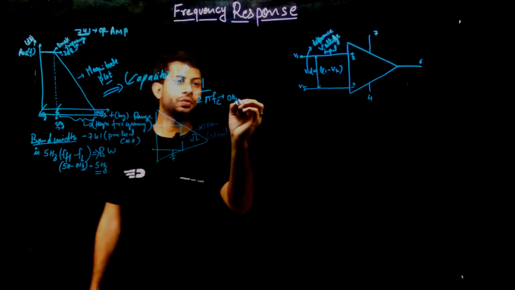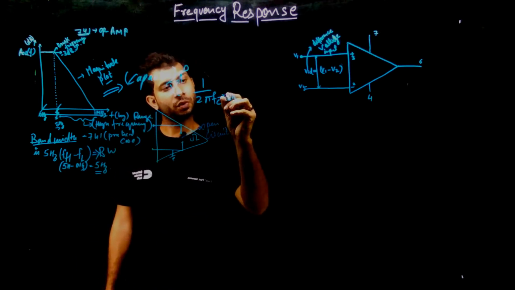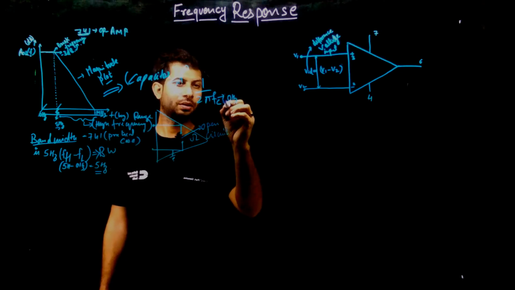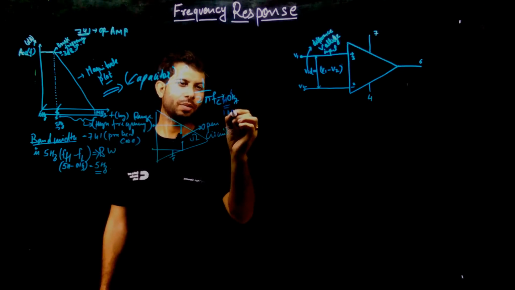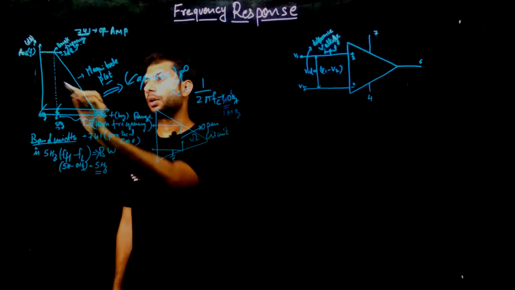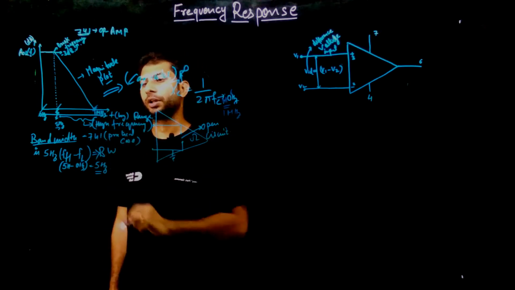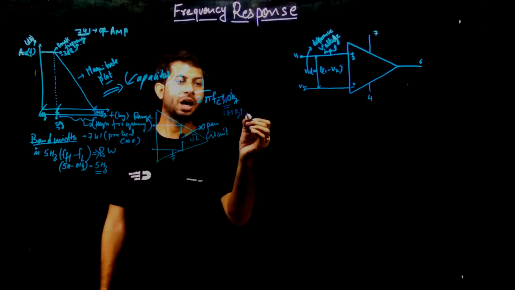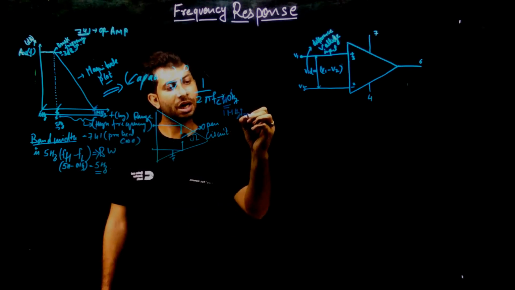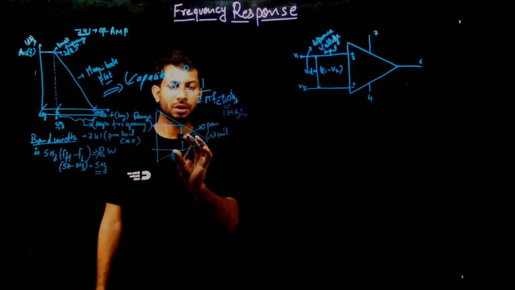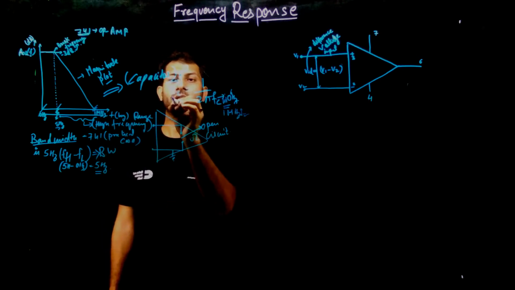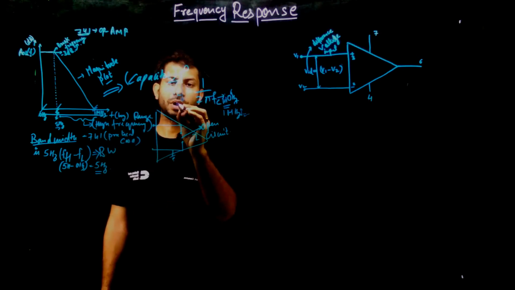And if the frequency is, suppose, 1 into 10 raised to power 6, or 1 megahertz, which is a high frequency, and it is given to the capacitor, then this reactance will be very low.